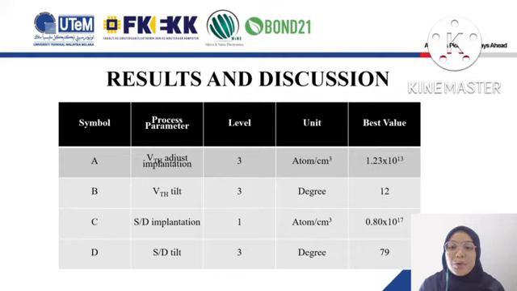And next, process parameter C is SD implantation, which the best value is 0.8 times 10 to the power of 17, which is under level 1. And the last is process parameter D, which is source drain tilt angle. The best value is 79 and the level is under level 3.